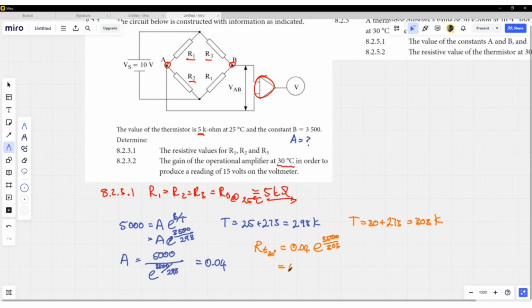And that should give you 4.156 kilo ohms of resistance. That's not our final answer yet.